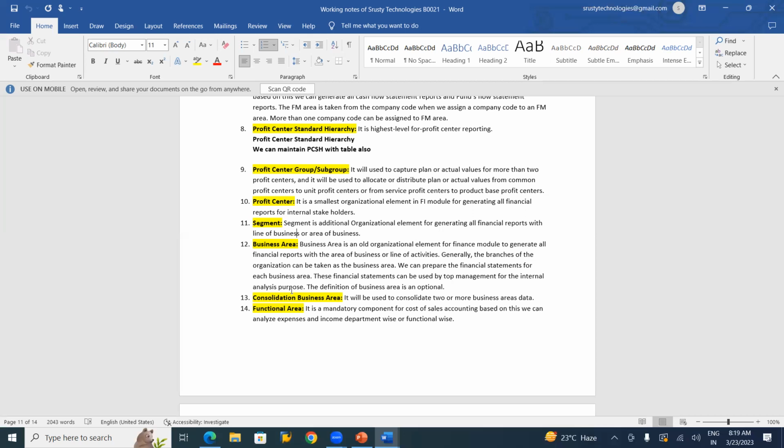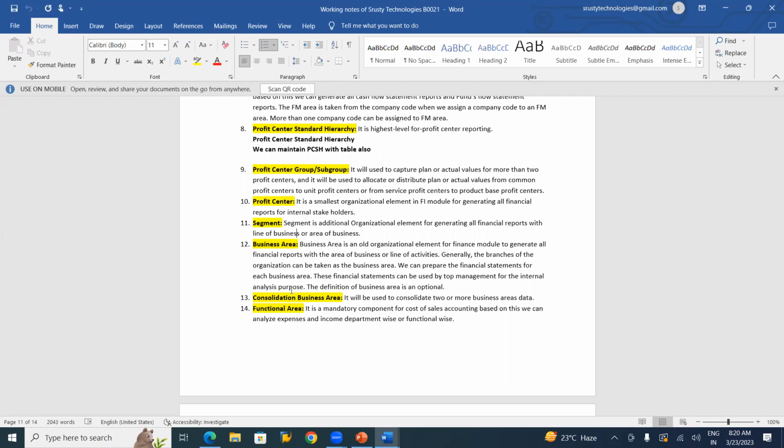Based on this, we can analyze expenses and incomes department wise, or functional area wise. Full stop.